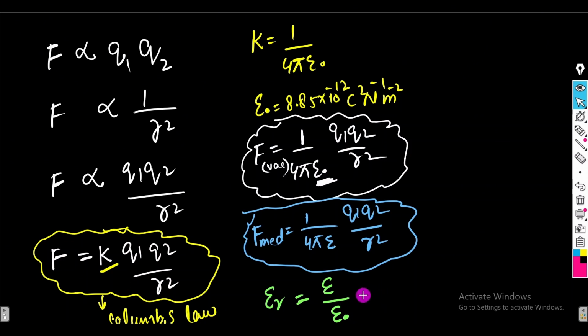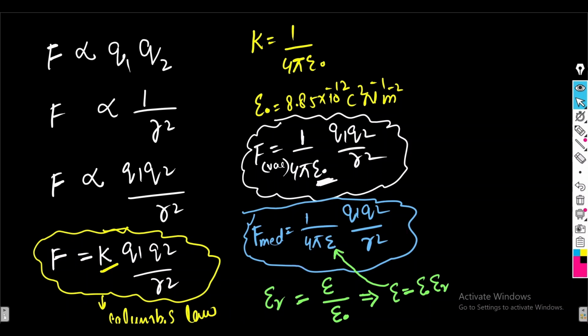So from this equation we can conclude that epsilon, the permittivity of the medium, is equal to epsilon naught, the permittivity of free space, times epsilon r, the relative permittivity. So we put this value of epsilon in this equation.